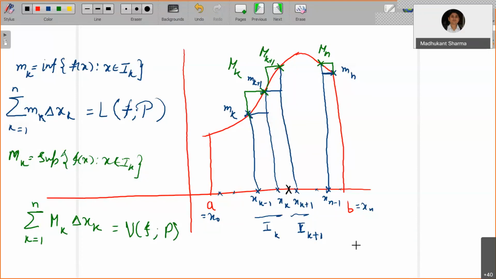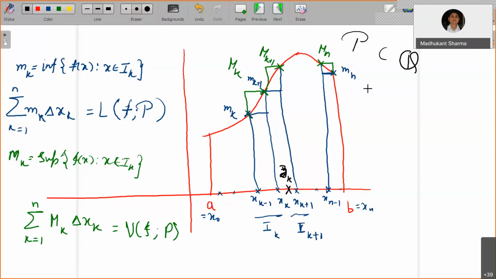Suppose here, let's say this is y, or another notation you can take is zk. If you include one more point, we call that a refinement. So we are going to have a new partition which carries the P only, but adds one more extra point between xk and xk plus 1. So it is going to be the refinement of P, the previous partition.